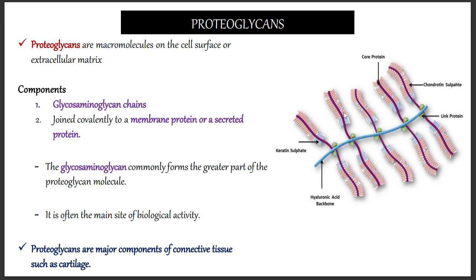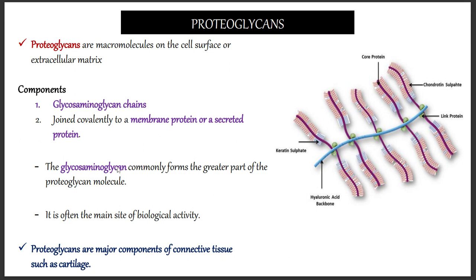These are what you call core proteins. And to these proteins again you have glycosaminoglycans coming out, for example keratan sulfate and chondroitin sulfate. Remember we said all these are types of glycosaminoglycans. Also hyaluronic acid is a type of glycosaminoglycan.